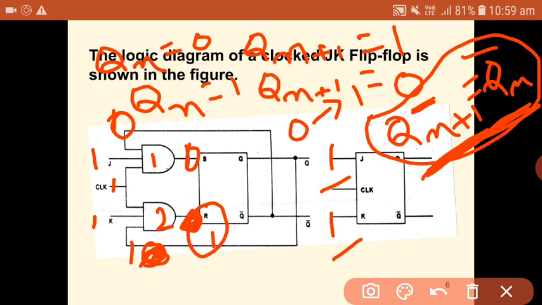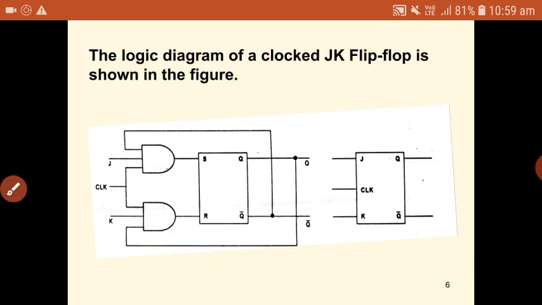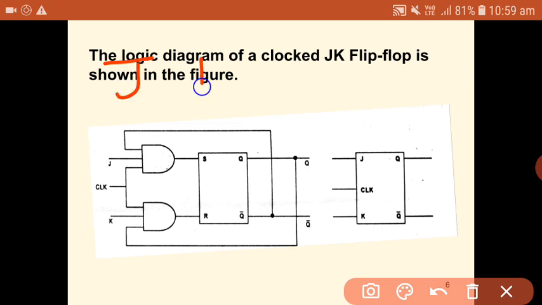So this is the truth table, or the working of the JK flip flop for different combinations of JK inputs. I have considered all the inputs.